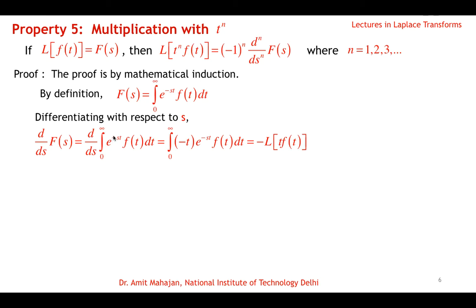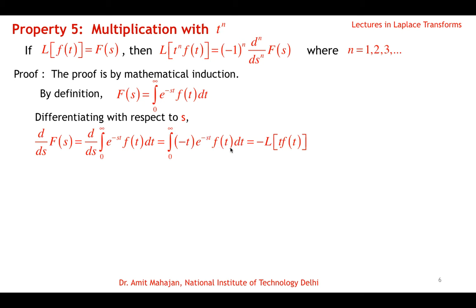So the derivative, when applied on this exponential, will become the exponential function into the derivative of minus st, so there will be minus t. So minus t e^(-st) is the derivative of this exponential with respect to s, and the minus sign goes outside, and then it is the integral from 0 to infinity of the exponential times t f(t) dt.